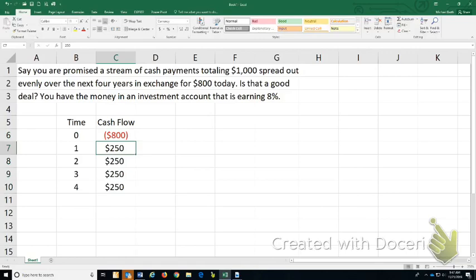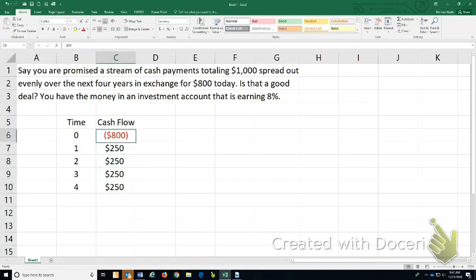Okay? So think of this as a car payment type problem, but we're only going to do 4 periods because that's all the periods we need. You're going to take $800 out of your pocket today at time 0 and get back $250 a year from now, $250 2 years from now, another $250 3 years from now, and the final $250 4 years from now.